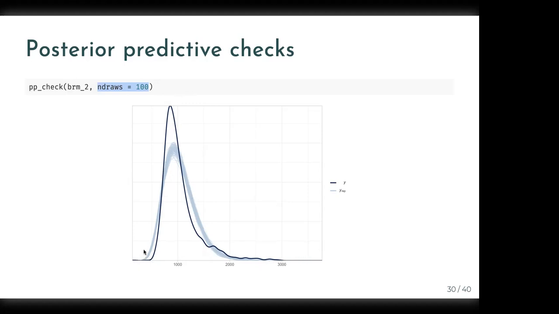This is very common with measurements that are bounded at 0. You cannot have negative numbers, so you would get this longer tail.